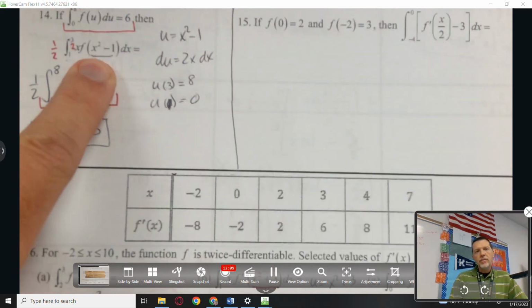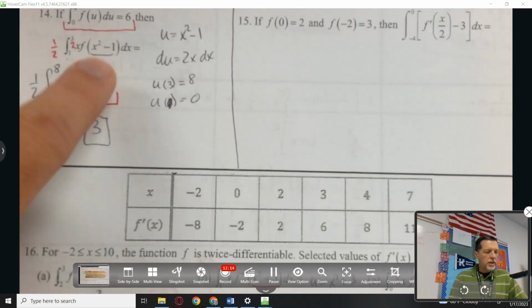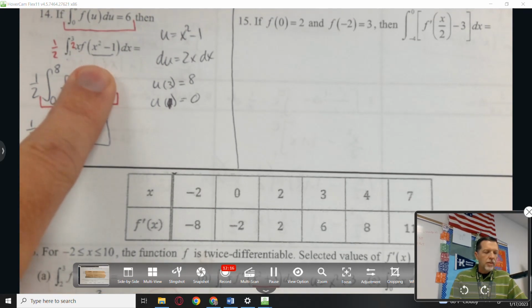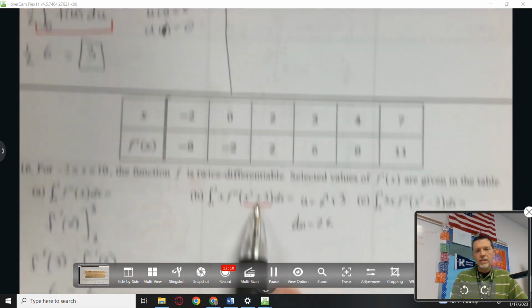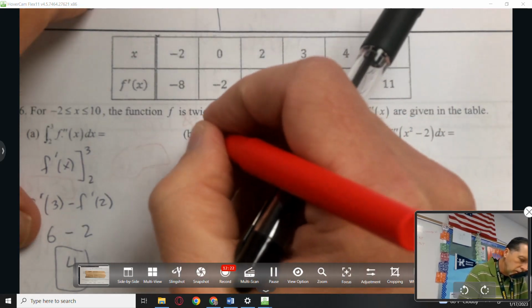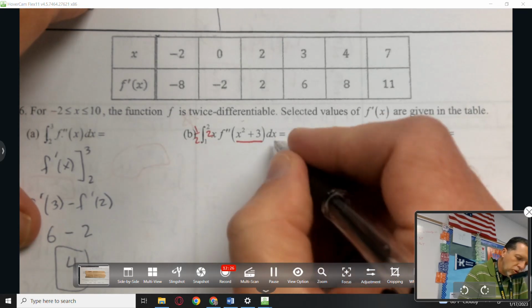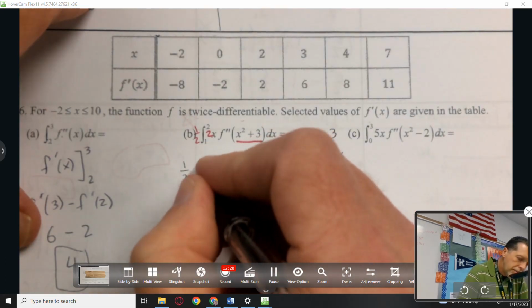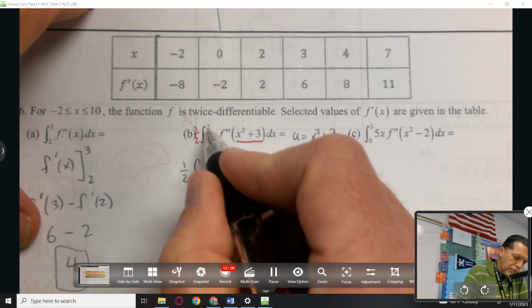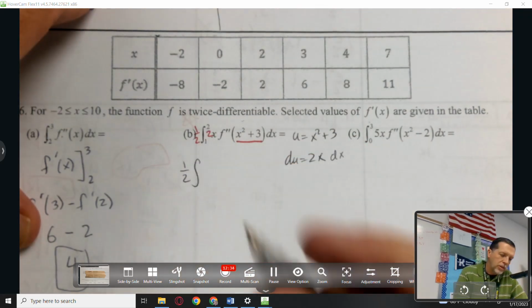If you're doing f of something that's complicated or ugly, let u be the argument of f. And frequently that'll take care of it for you. 2 and a 1/2 to make the du show up. I'm switching from x to u, so I want to be careful and not put 1 and 2 in there.